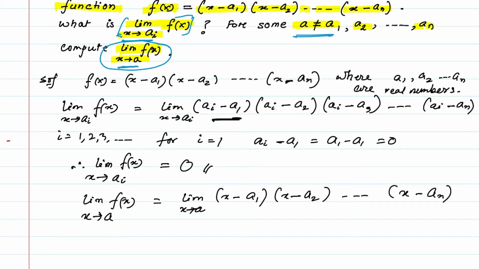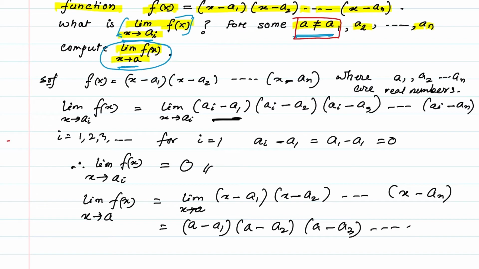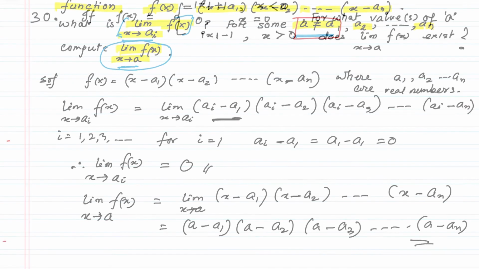Here one more thing is given, that a is not equal to a1, that's why its value is not going to be equal to 0 in this case. Now you can replace the value of x by a. So we will get a minus a1 into a minus a2 into a minus a3 and so on, a minus an. So that is the result. That's how we can solve this.